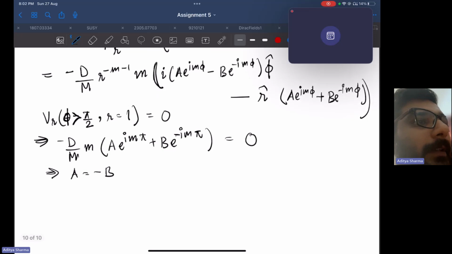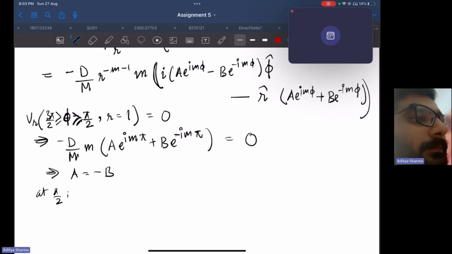So a is done. Similarly, at pi by 2 also it should be the same thing, greater or equal to pi by 2. At pi by 2 also the same story should repeat.